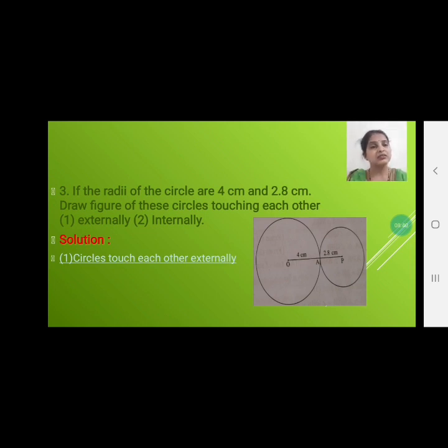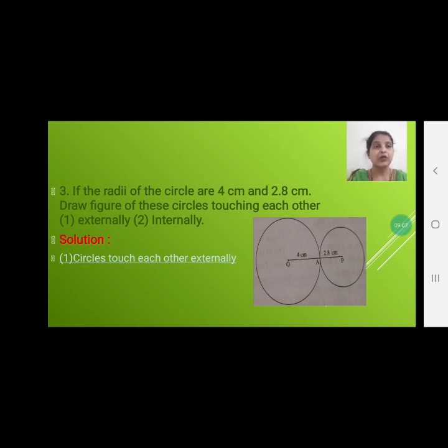Take the center O and draw the circle of 4 centimeter. Then take the radius 2.8 centimeter in your compass with the help of the scale and draw the circle with center P, so that it touches the circle with center O at point A.